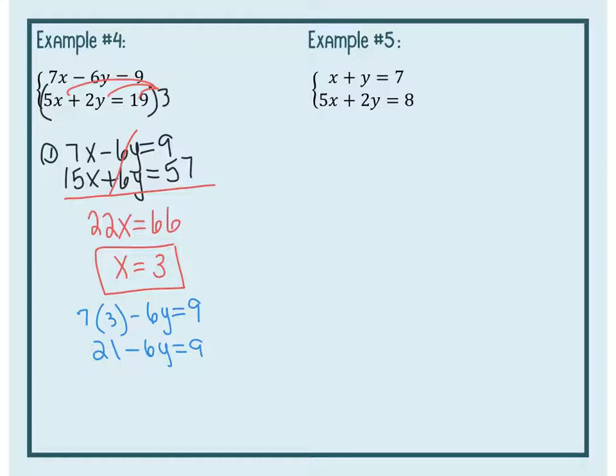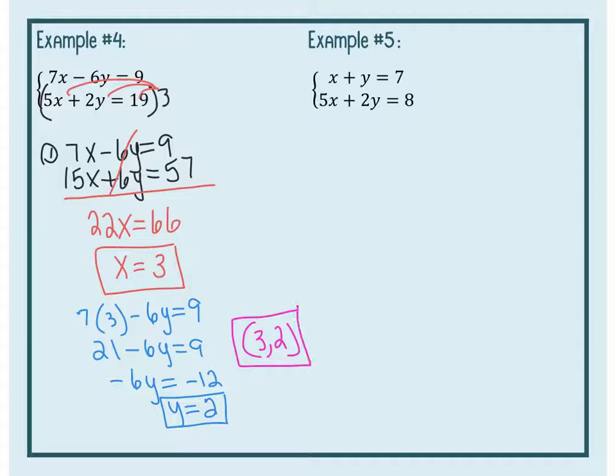Subtract 21 on both sides. And divide by negative 6. My final answer is an ordered pair, and my ordered pair is 3, 2. And 3, 2 will make both of the equations true.